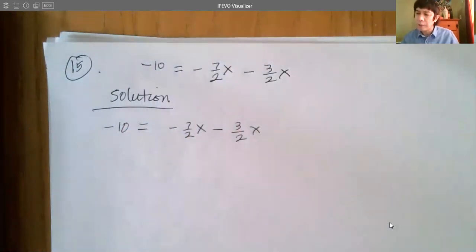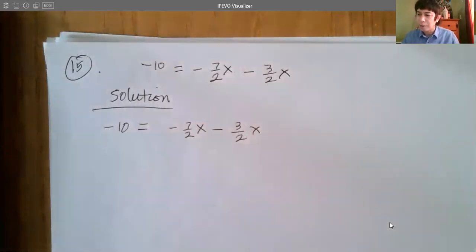Since our LCD or least common denominator is 2, we can simply combine the fractions at once, okay? So we have negative 7 over 2 minus 3 over 2. That should give us negative 10 over 2, which will not require us to do multiplication, okay?